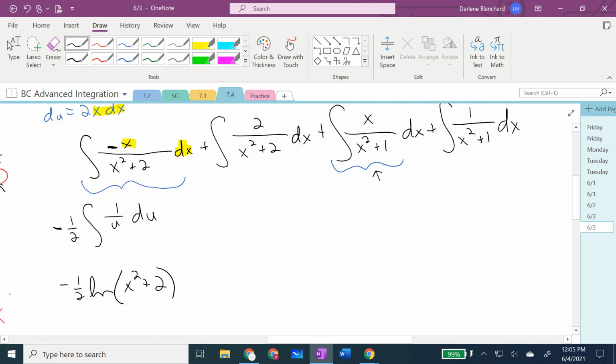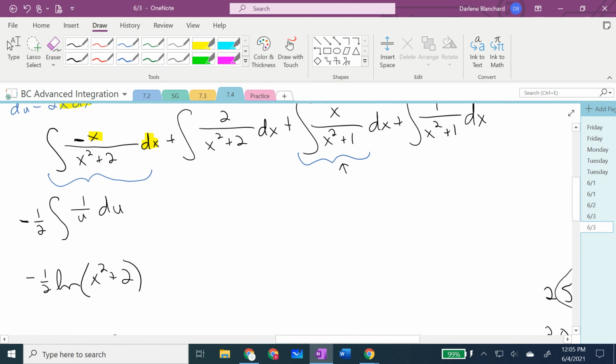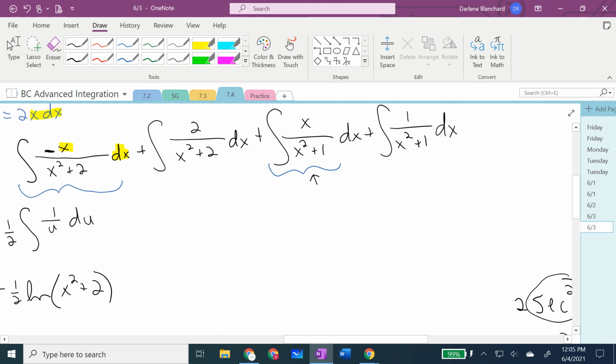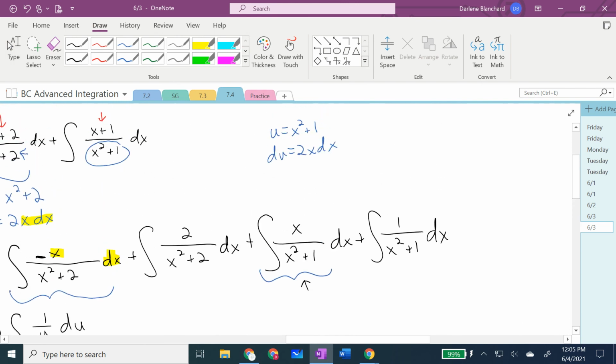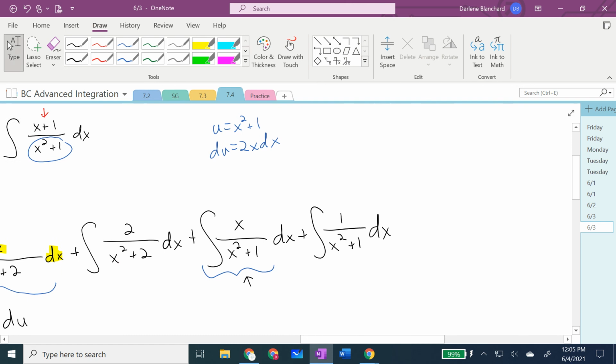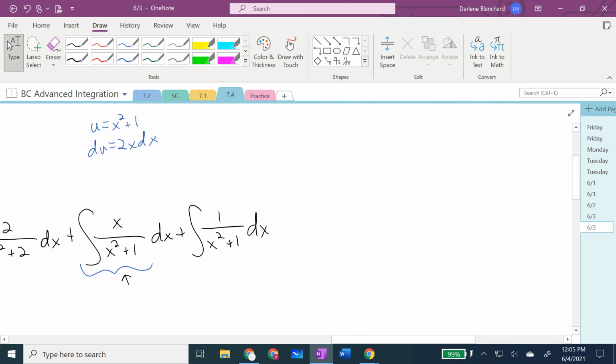Let's look at this third integral with its use substitution. x dx is replaced with 1/2 du.